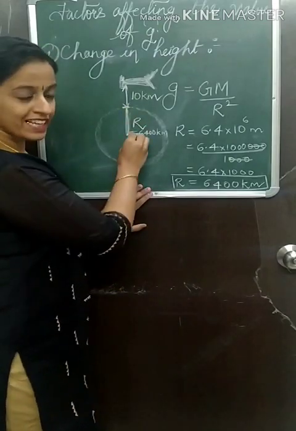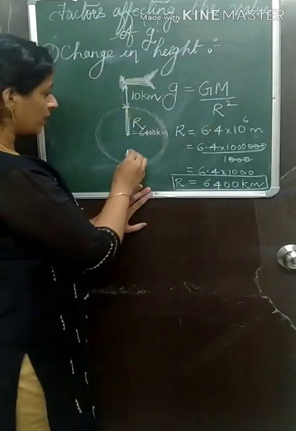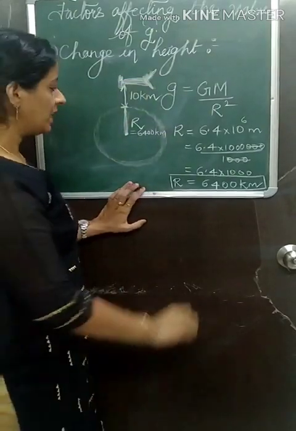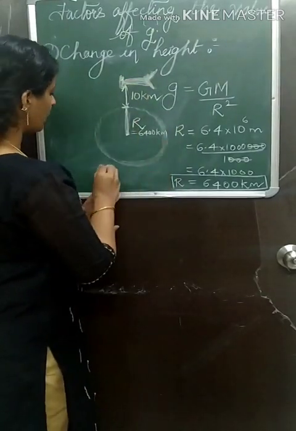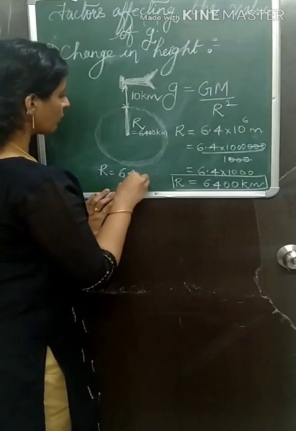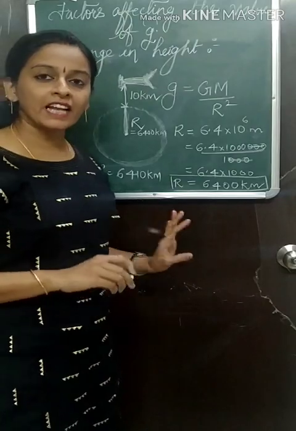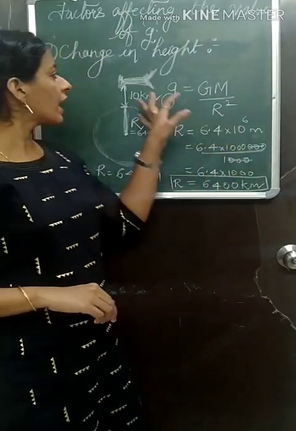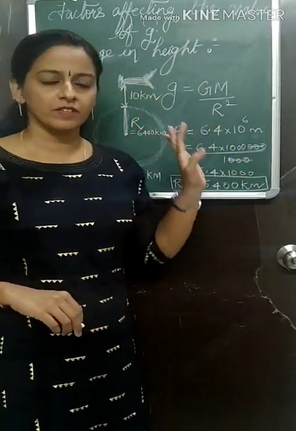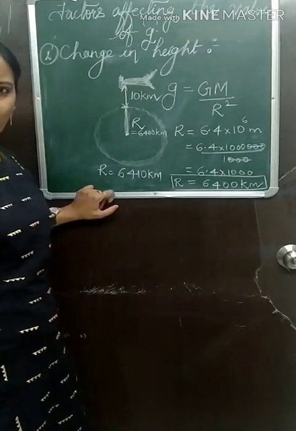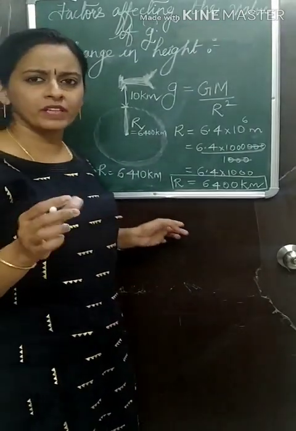Just the radius will be 6400. From the center the height will be 6400 plus 10, that is R is equal to 6410 kilometer. What is the total radius? 6410 kilometer. Just 10 kilometer difference.